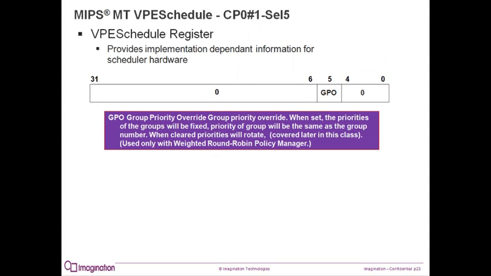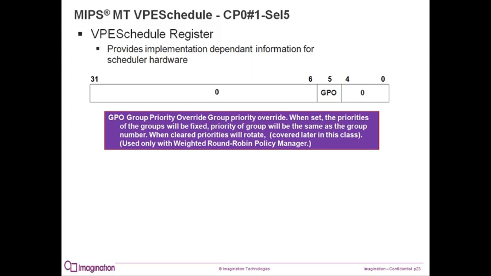The VPE schedule register is a per VPE value whose interpretation is scheduler implementation dependent. For example, it could encode a description of the overall request issued bandwidth for an associated VPE, or it could encode a priority level. The default policy manager for MIPS is the round-robin policy manager. This policy manager does not use the VPE schedule register.